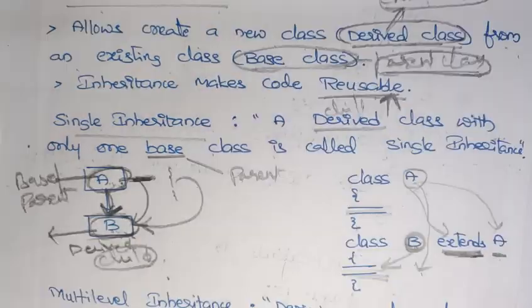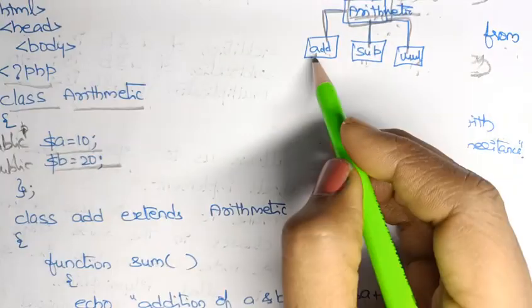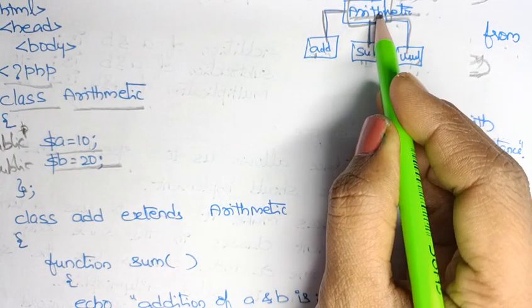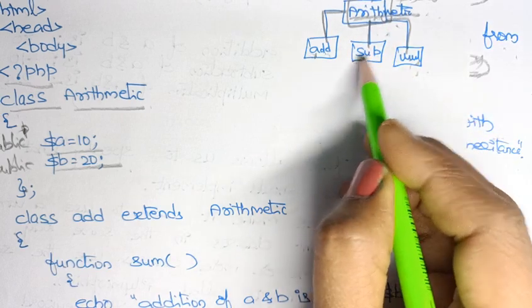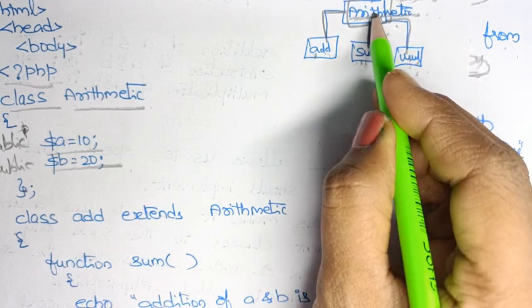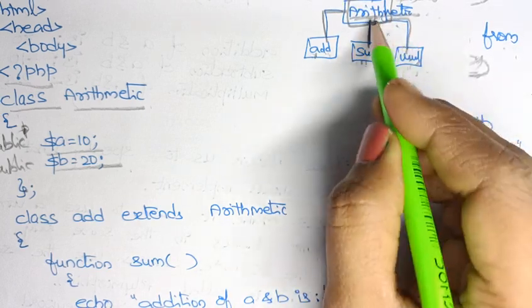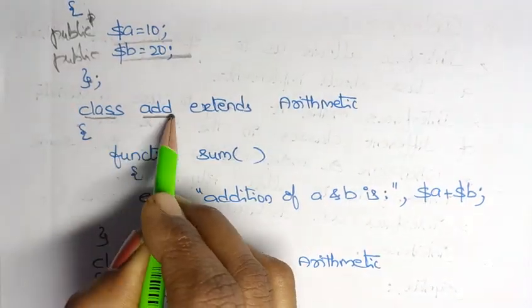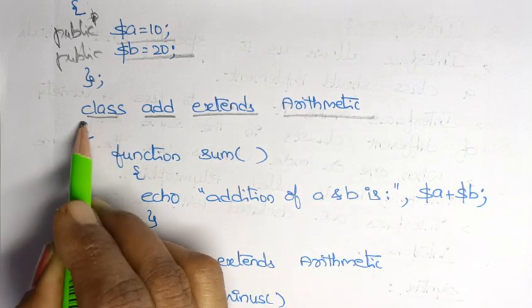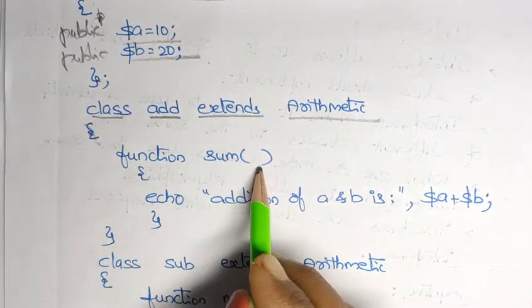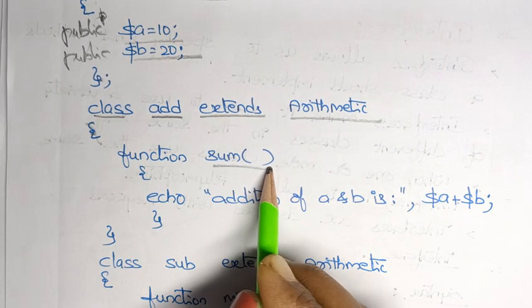To use the hierarchical you need to use the syntax like class add extends arithmetic, class subtraction extends arithmetic, class mul extends arithmetic, and so on. So here class add extends arithmetic. Next open the brace, here I am using a function named sum.